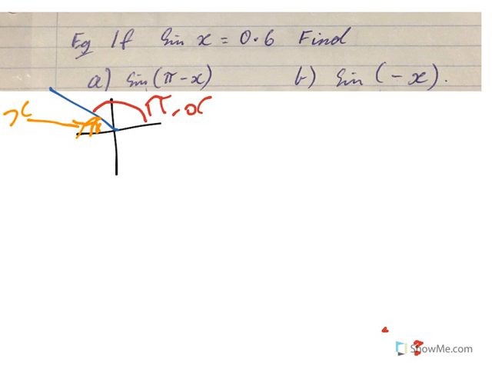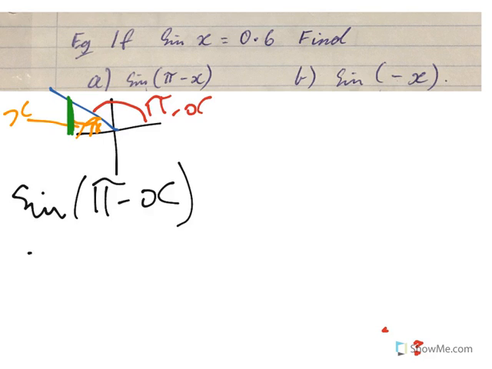The sine of pi minus x, if there's the line there, the sine is this side out over here, so it's the length of that.